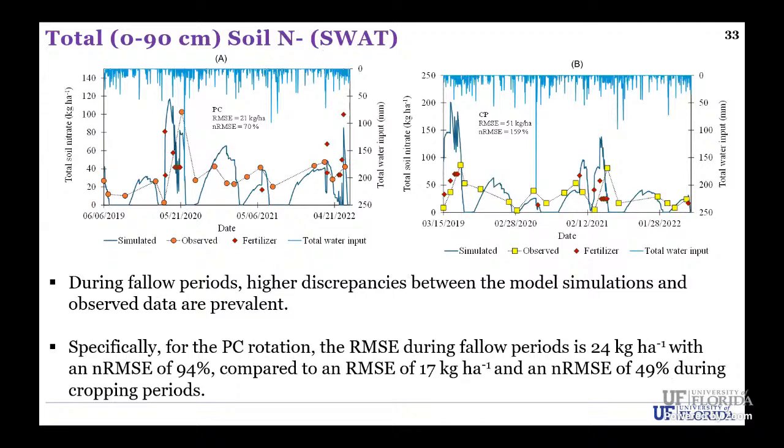But when we started validating it for other components like soil nitrate or total nitrogen, in one rotation, the peanut cotton rotation, it looked very good. But as we moved to the corn peanut rotation, the model was behaving a little odd. We didn't get that confident in the accuracy of the model in predicting the soil nitrate for the corn peanut rotation.